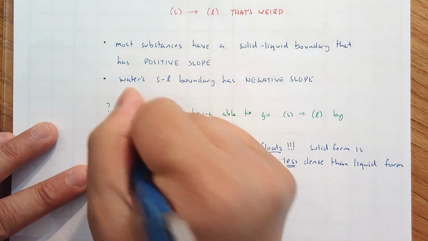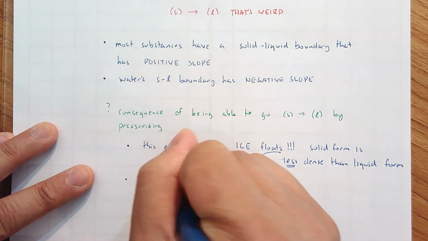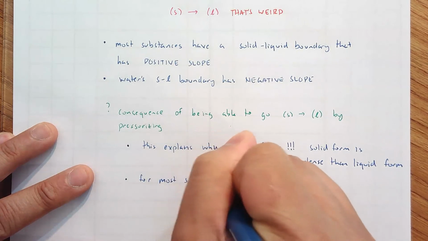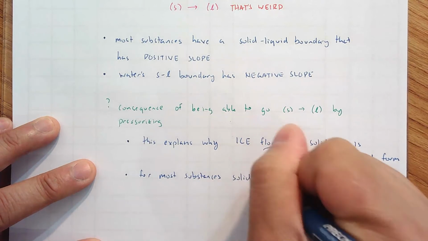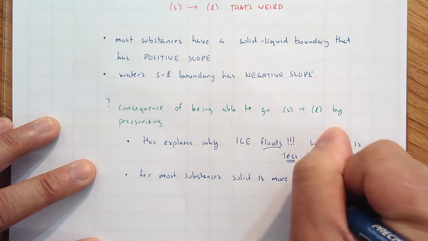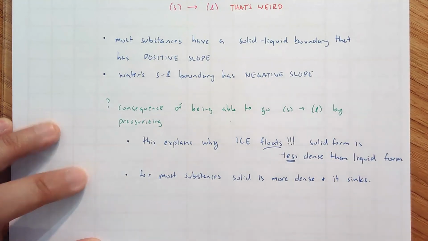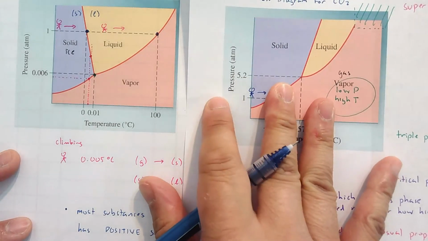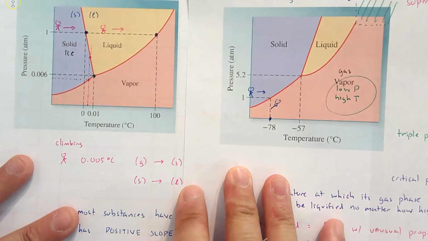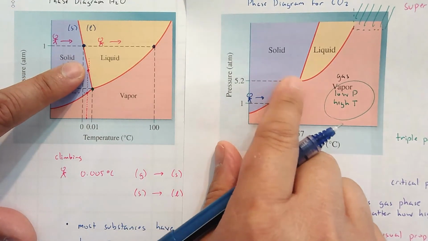Because for most substances, the solid is more dense and it sinks. So just visually, we could figure out whether the solid will float or sink based on this boundary line having a negative slope or a positive slope.